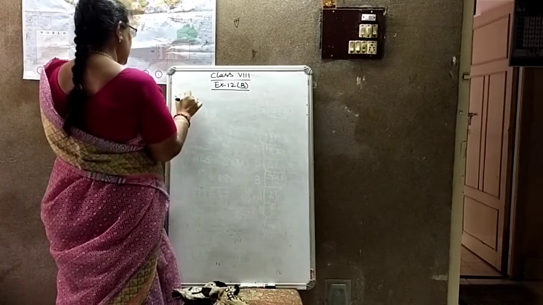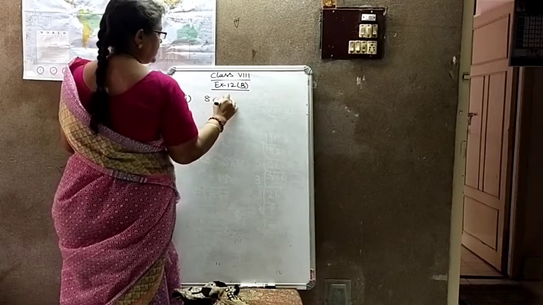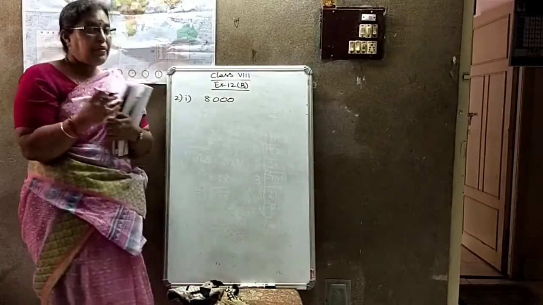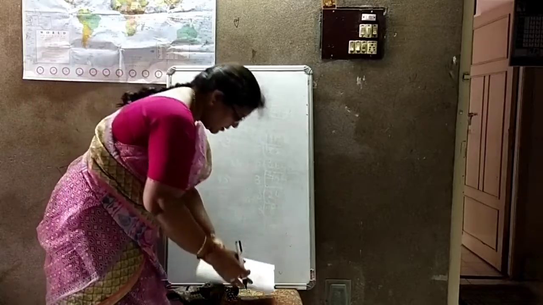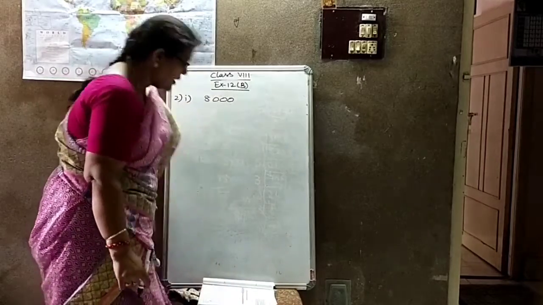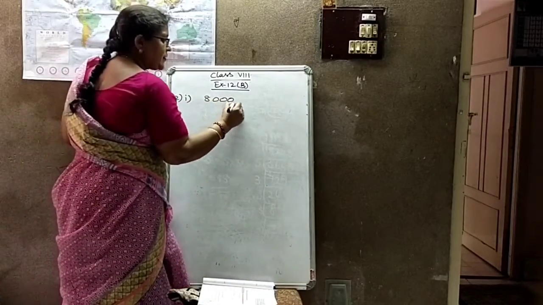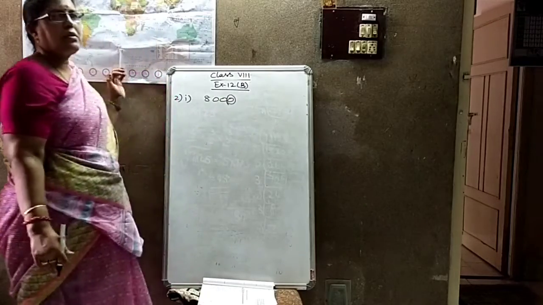The first sum is 8,000. Carefully see. Now, observe the units place first: 0.